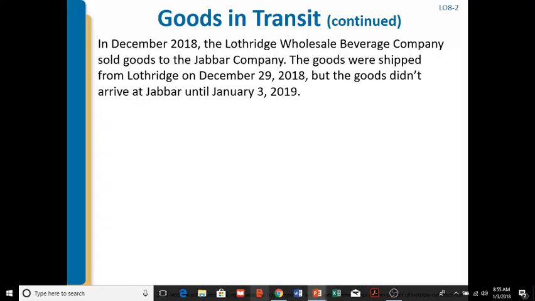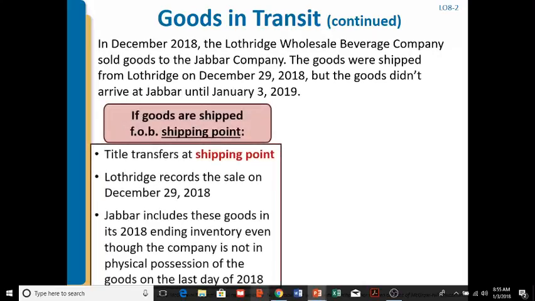So goods in transit, here we have a situation, December 18, the Lothridge Wholesale Beverage Company sold goods to Jabbar Company. The goods were shipped from Lothridge on December 29, but didn't arrive at Jabbar until January 3rd, 2019. If the goods are shipped FOB shipping point, they're going to be titled to Jabbar.